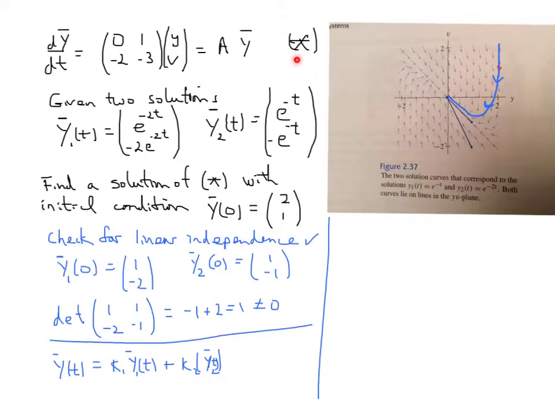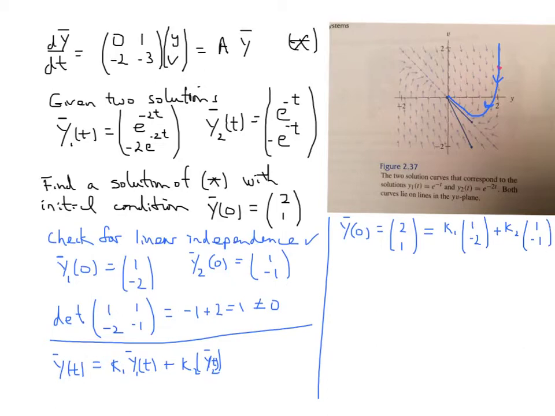And so what we set up next is we look at the initial condition and we say, well, this solution that we're building at time 0 had better equal (2, 1). That's what it's supposed to equal. But if this is its form, then at time 0, that's going to be k1 times y1 at 0, which we know to be (1, -2), plus k2 times y2 at 0, which we know to be (1, -1).